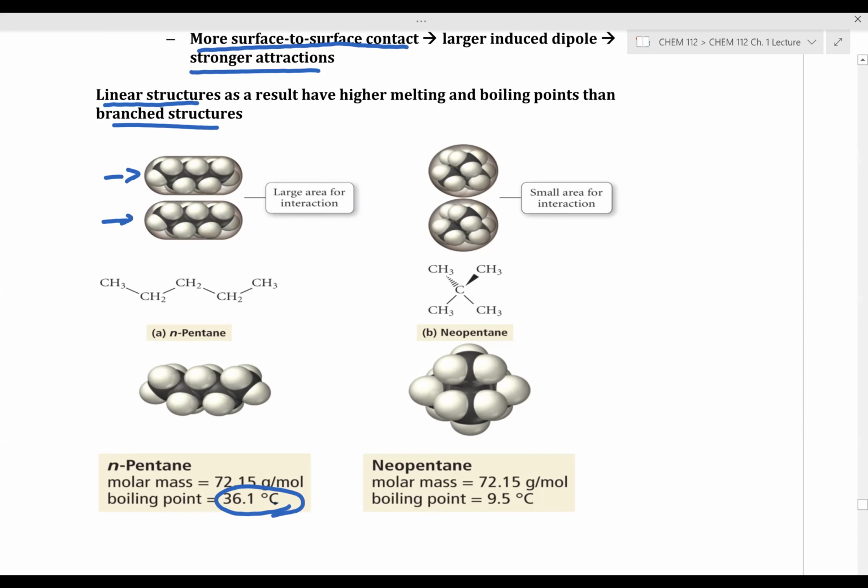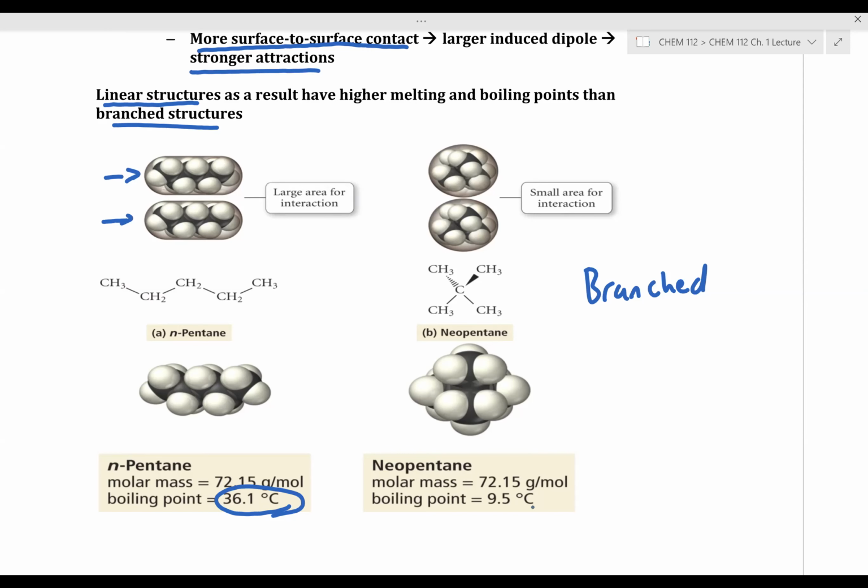Now, if we take the same number of atoms and we rearrange them to make a branched structure, such as neopentane, is there a large or small surface area? Small. So what would we expect to happen to the boiling point? Would it go up or down? Down.